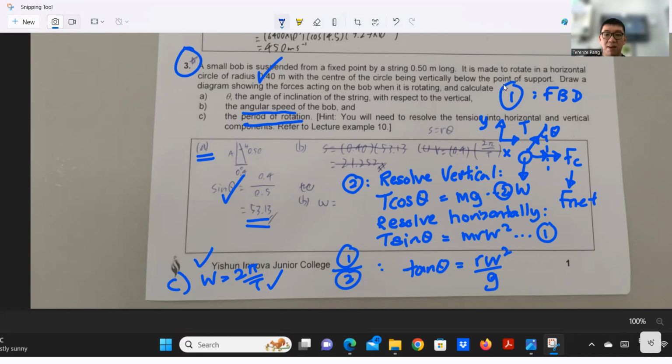Step 1, step 2, and this would be step 3. So many things can be solved in 3 steps. Okay, and we are done for this question.